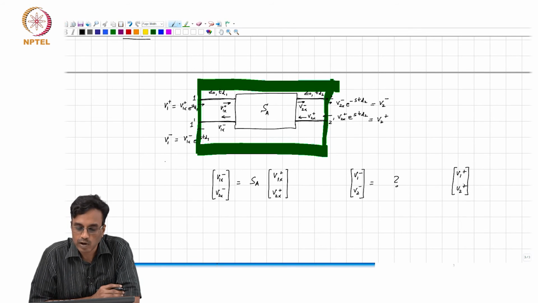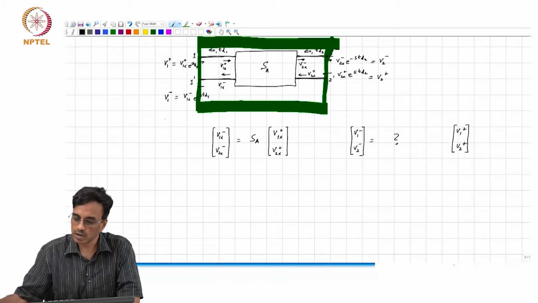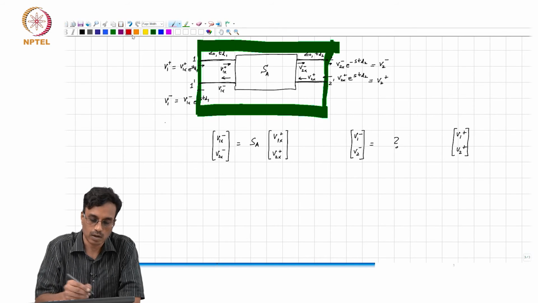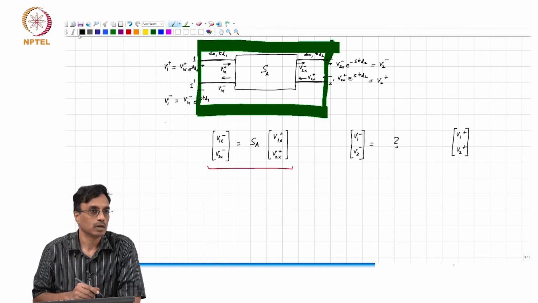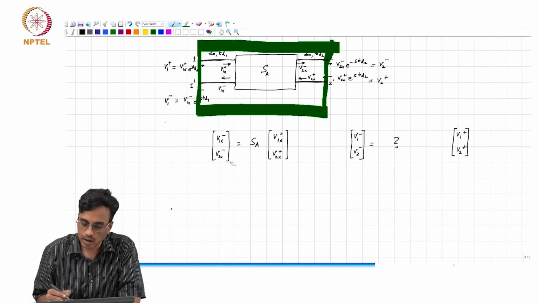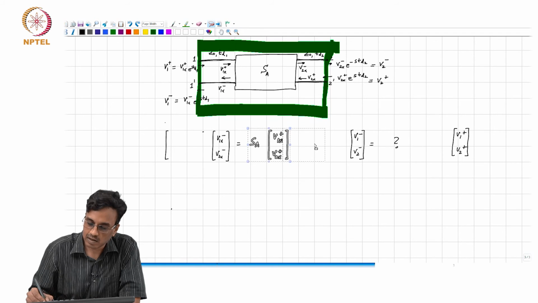Correct? So, now can you help me out? Okay, very good. So, what is your suggestion? So, you say which are you talking about this equation? Okay, so what should I do? So you want me to pre-multiply this with, the suggestion is the following.